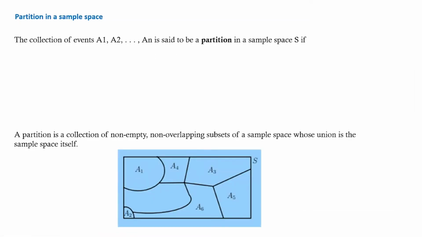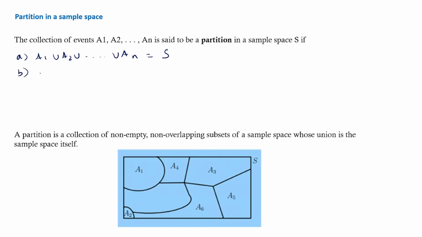Now before seeing the theorem on total probability, we will see what a partition in a sample space is. We call a collection of events A1, A2 up to AN a partition in a sample space S if, first condition, A1 union A2 union up to AN is equal to the sample space S itself.